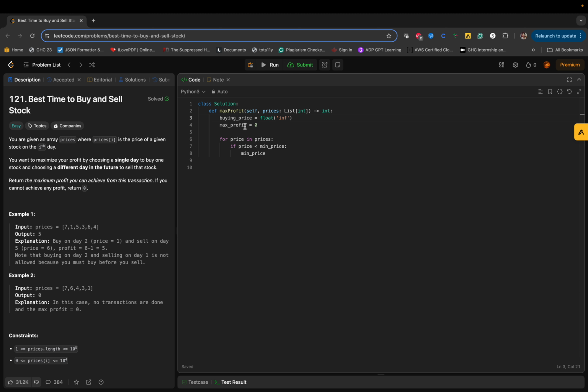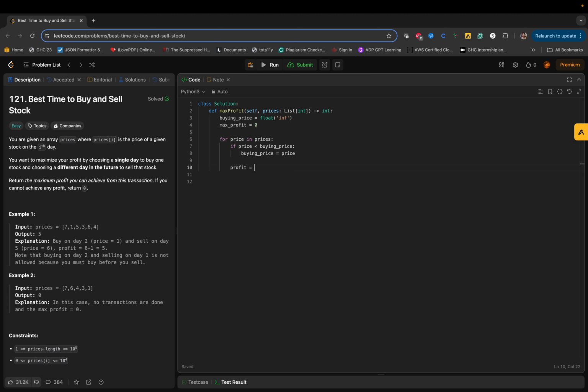Okay, this is the selling price. If this selling price that we have decided, you know what, just keep it as price only, is less than the buying price, then update that buying price as that price.